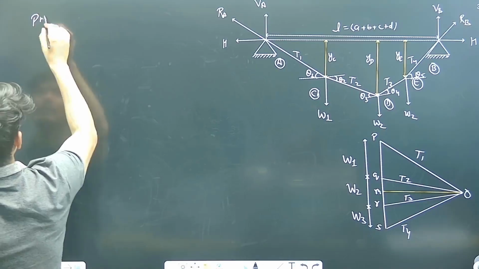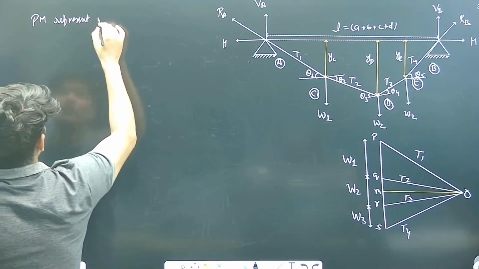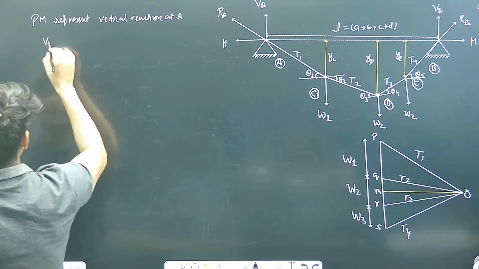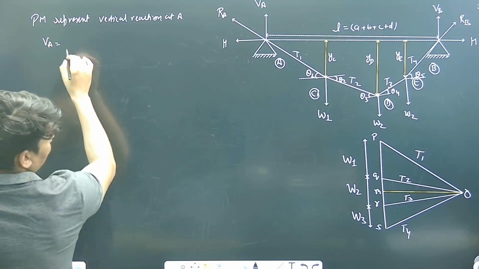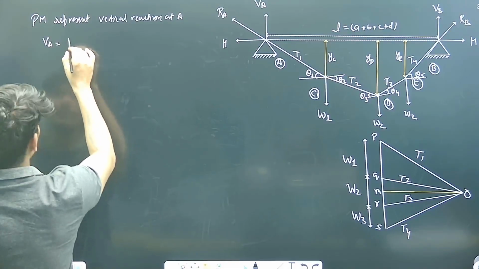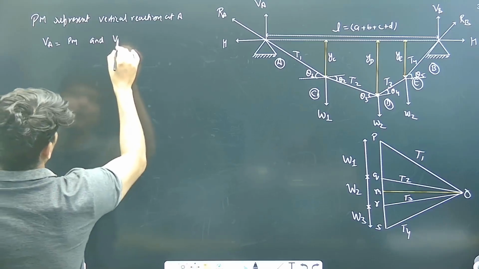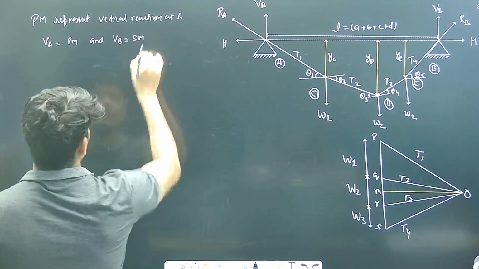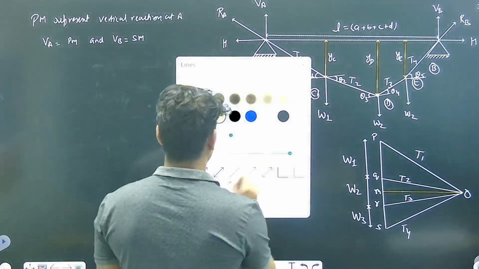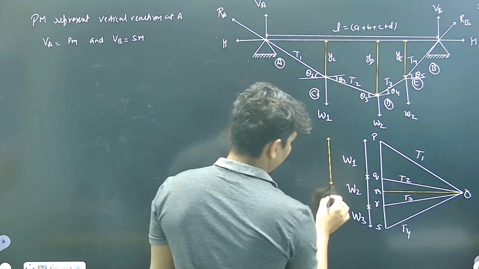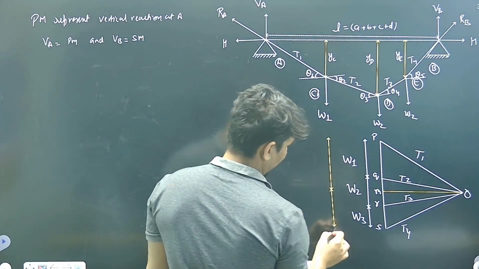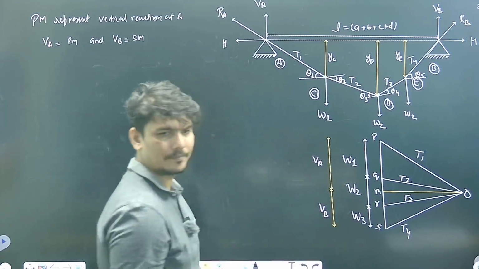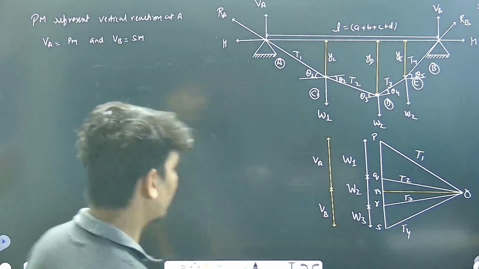PM represents vertical reaction at A. That means VA is nothing but PM vector, and VB, vertical reaction at B, is represented by SM vector. ठीक है, तो ड्रॉ कर देते हैं आप from P to M and M to S. This is nothing but VA and VB. ठीक है.